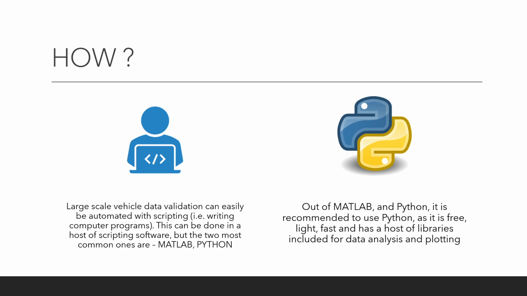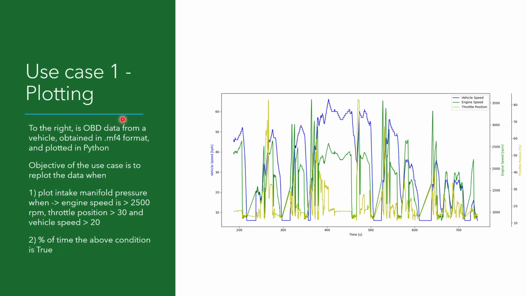So let's look at one of the use cases where this can be useful. Over here, I've just taken a plot from OBD data, which is obtained in MF4 format and plotted in Python.